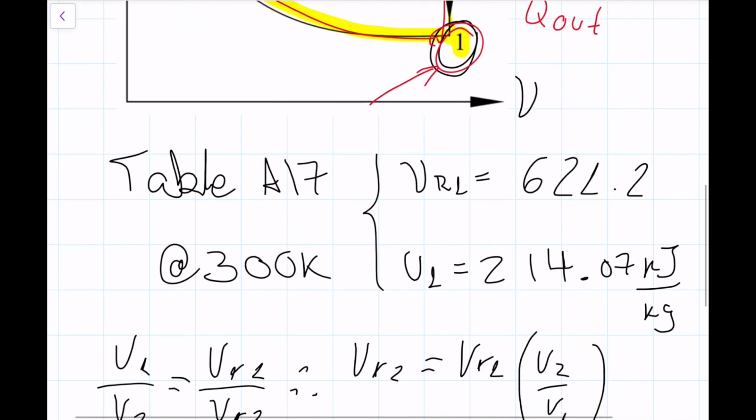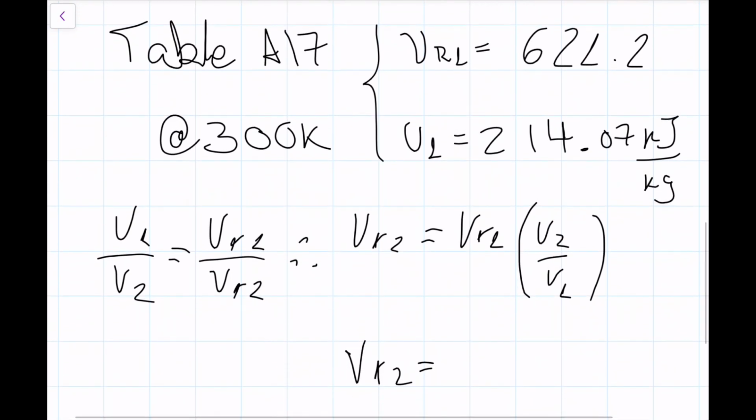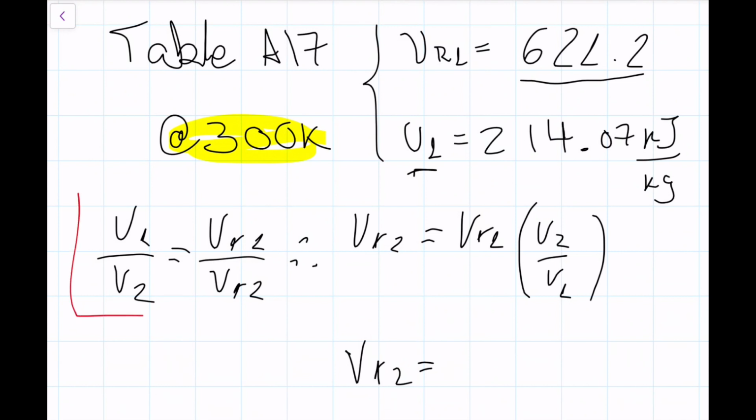So I went down into table A17, and I looked at temperature 300 Kelvin, that's our 27 C at the initial state, and I grabbed my VR1 and my internal energy U1. I'm going to use VR1 to calculate VR2, because since it's an isentropic process, there's a proportion between VR1 and V1, or V2.